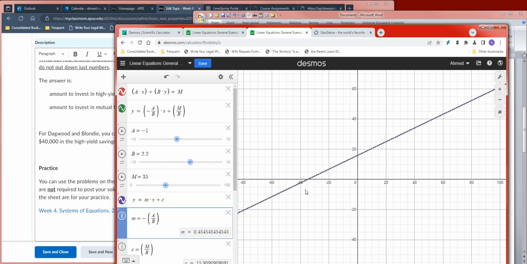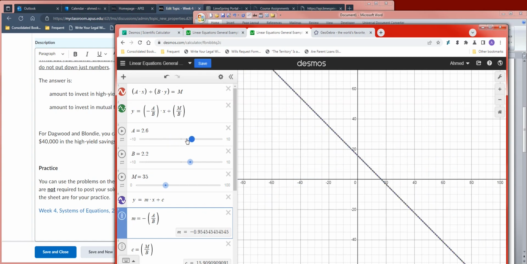So it's still true that a positive value for the slope, if A and B are both positive numbers, the slope is going to be negative, right? Let me just move this over. So A is positive here, B is positive here. So A over B is positive, but the slope as defined as A divided by B with a minus sign in front is negative. So the slope is negative.